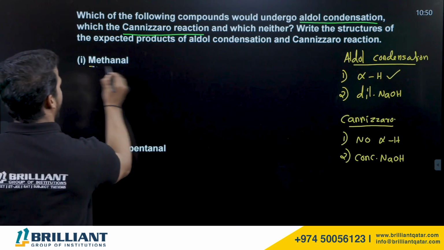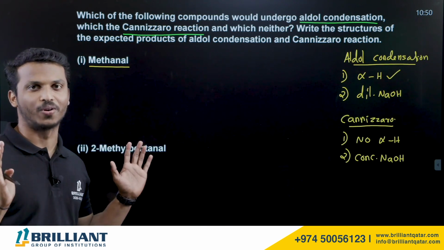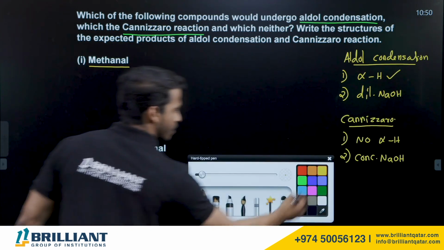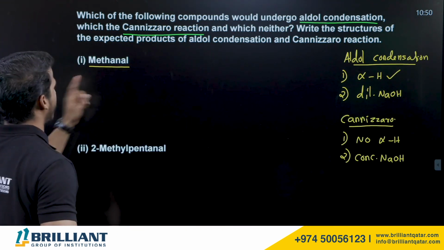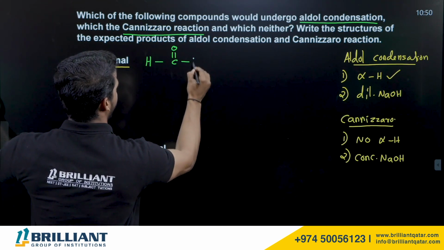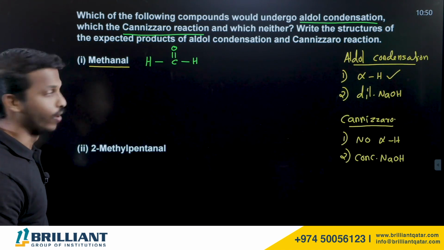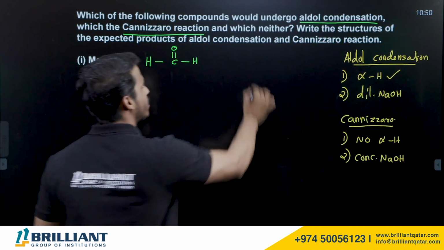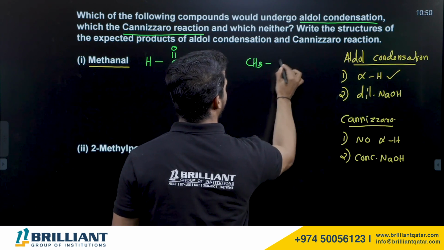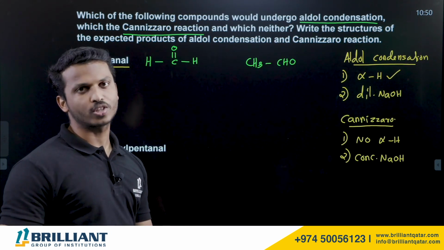First one, methanal. Our first duty: can it undergo the reaction or not? Let's check it. What is methanal, dear student? A one-carbon aldehyde, that is HCHO, right? Does it contain alpha hydrogen? No, dear all. What is alpha hydrogen? When you consider ethanal, suppose ethanal is the compound, which is the major functional group in this compound?